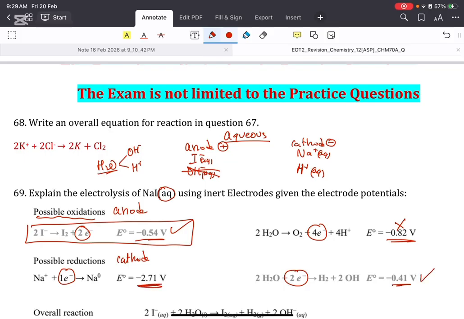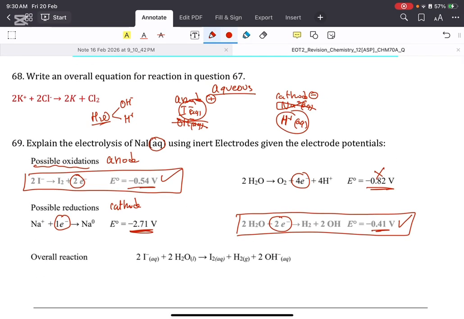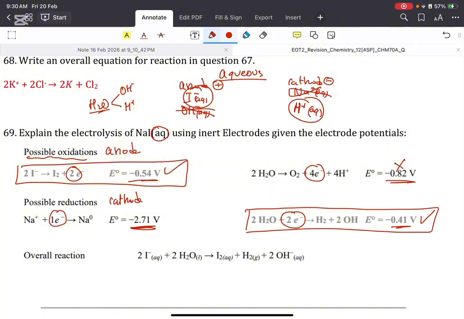This is -0.41, it has the higher voltage. So this is the winning one. Like I said, these two are the ones that are going to be discharged. In this case, 2 electrons lost, 2 electrons gained. You just add them up and write the overall equation, which is the one over here.